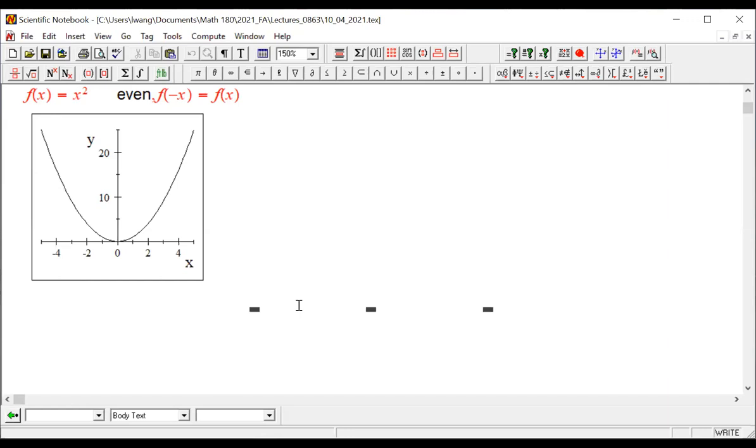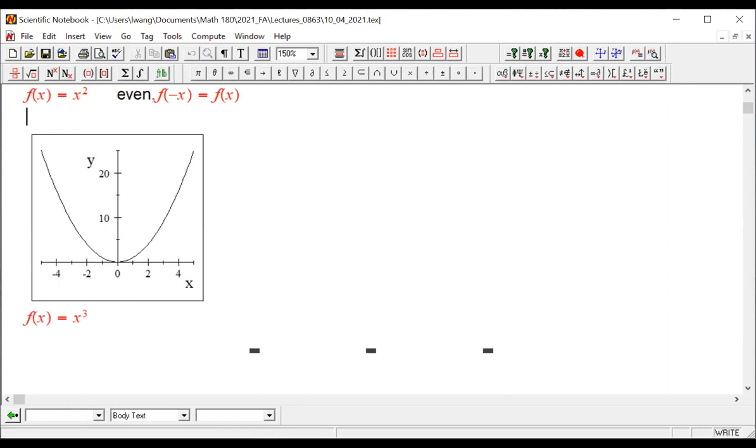Before you explore that, let's look at an odd function, f of x equals x raised to the power 3. What does it mean? I think we should probably do some numbers. It might be a little difficult for you to see with x, with this particular function.